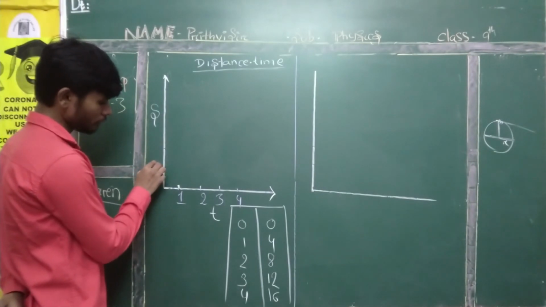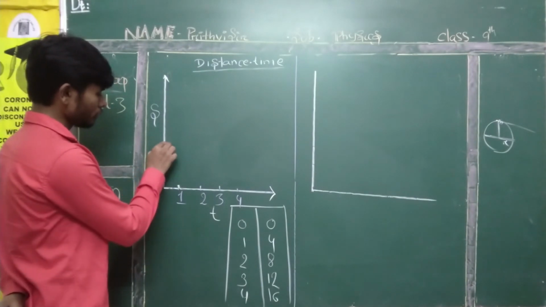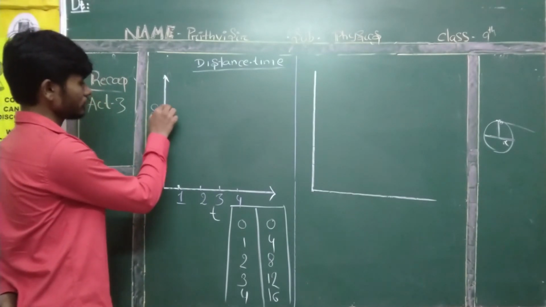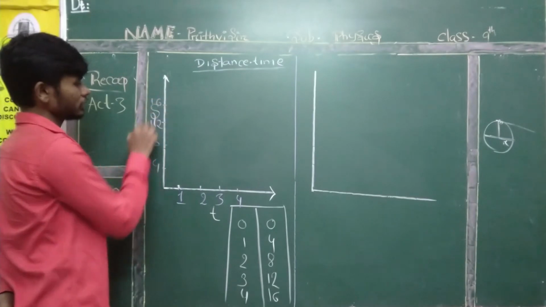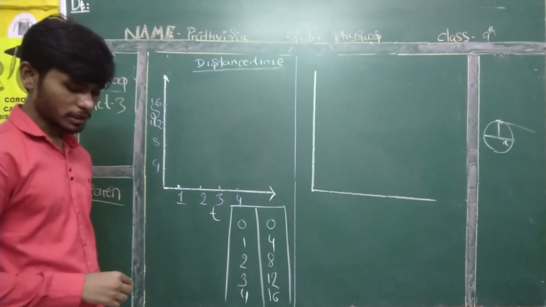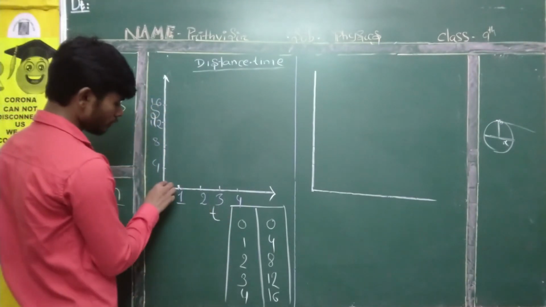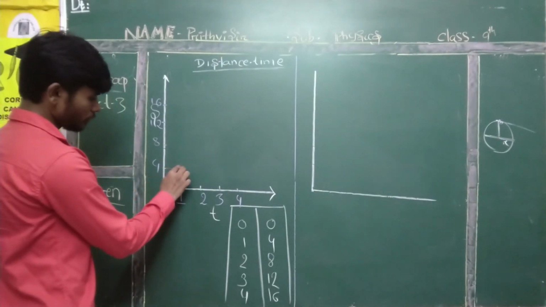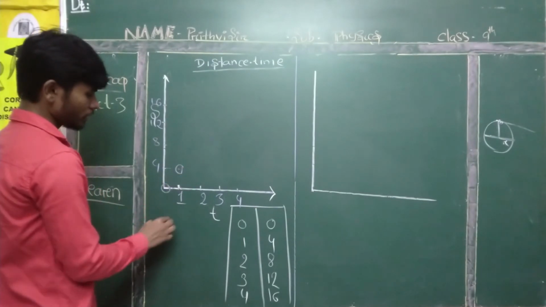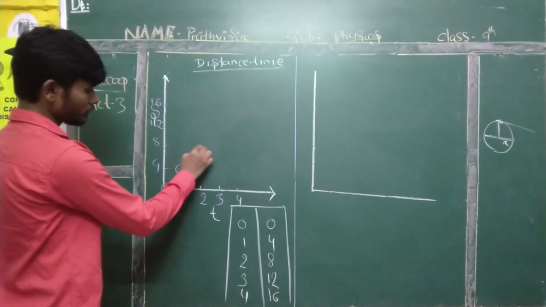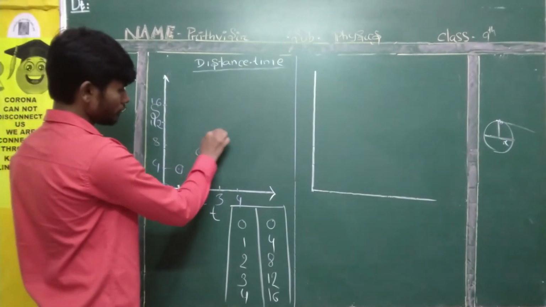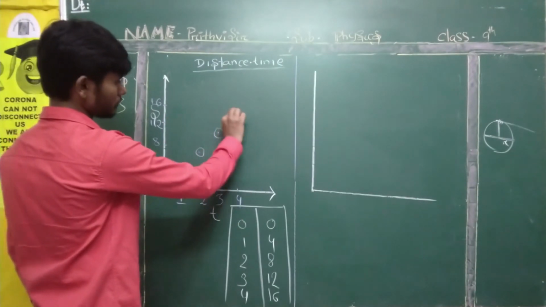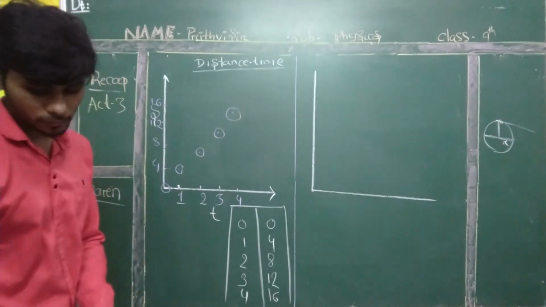And here we will give 4, this one as 8, this one as 12, this one as 16. Okay, now see it clearly. 0, 0, the first point is here only. Second point, if 1 then 4, if 2 then 8, fine. 3, 12, fine, and another one, 4, 16. This is also okay. 4 steps.